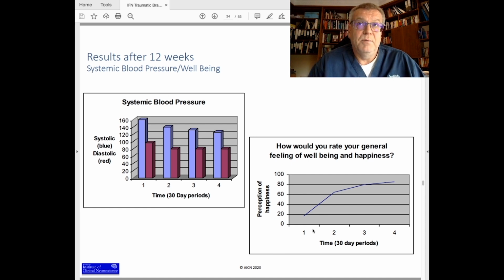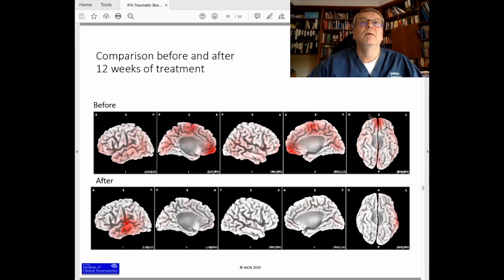And so we asked this person to rate his general feeling of well-being and happiness when he first started seeing us, which was around 18%. And then after the 4 months, he was back up around 82, 83%, which is a wonderful result for him.